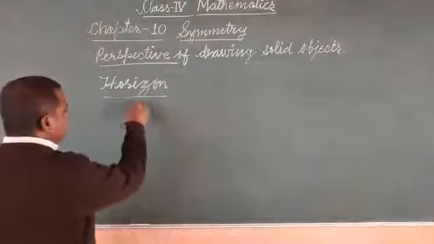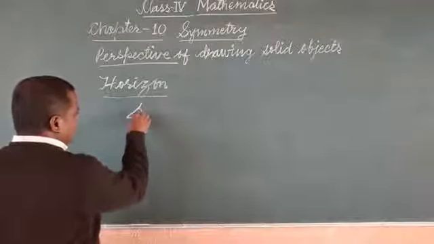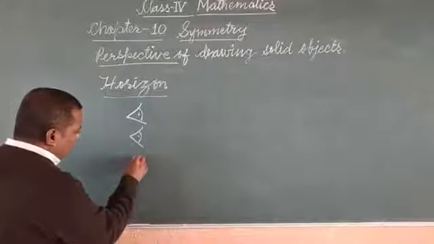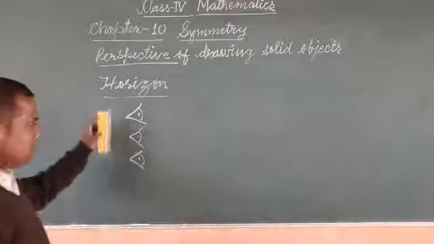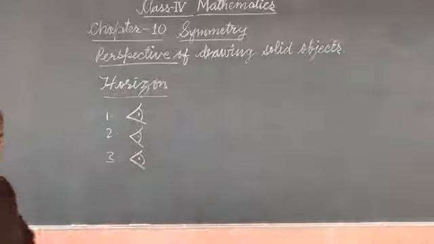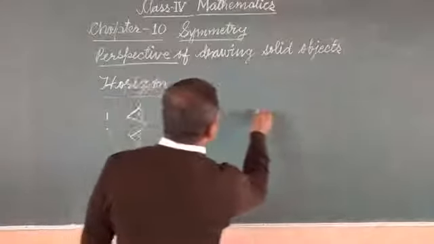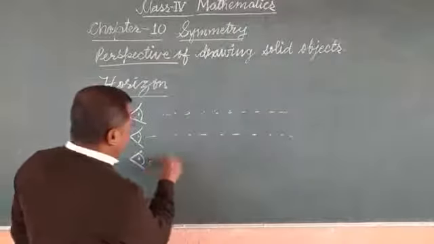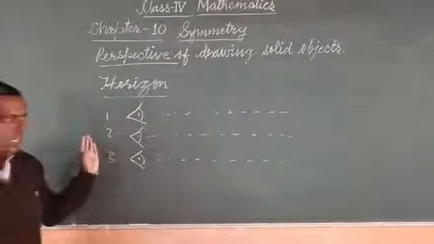For a smaller person, the eye will be here, and for the smallest person, the eye will be here. Three viewers are here: first one, second one, and third one. So their levels, see here, this is the level of the viewers, and for the third viewer, this is. So this is called the horizon, the level of the eye.